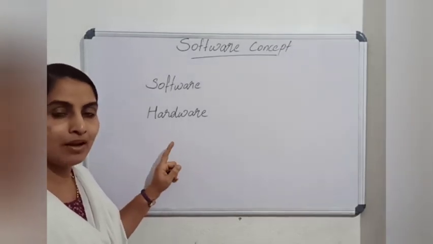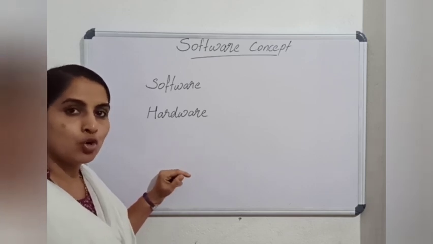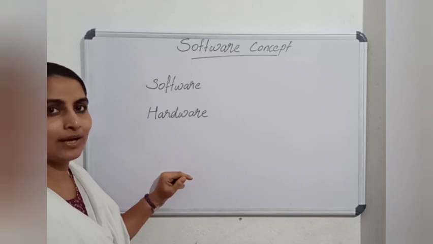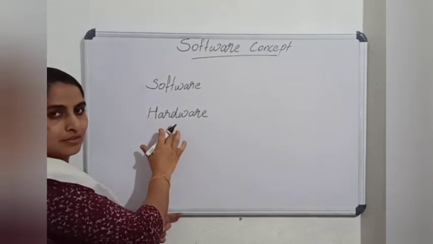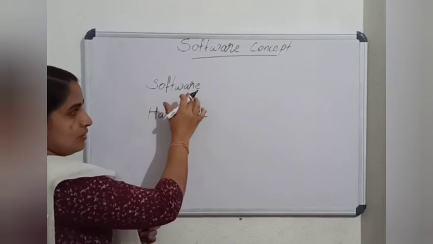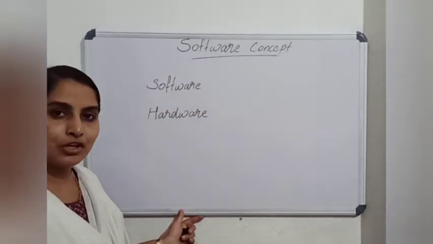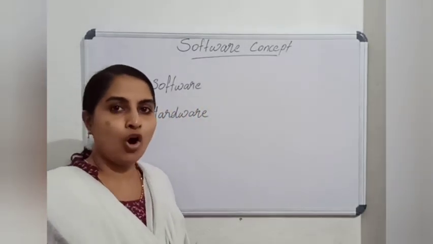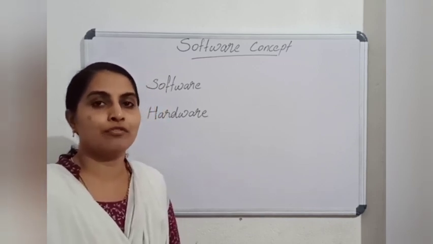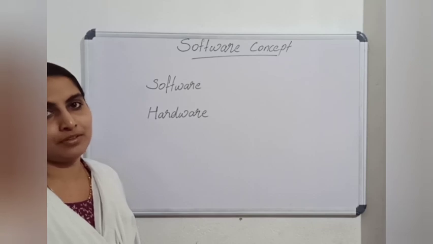For example, all the input-output devices and secondary storage devices come under the hardware that can be seen and touched. And software means a set of instructions or programs which manage the operation of the computer hardware.